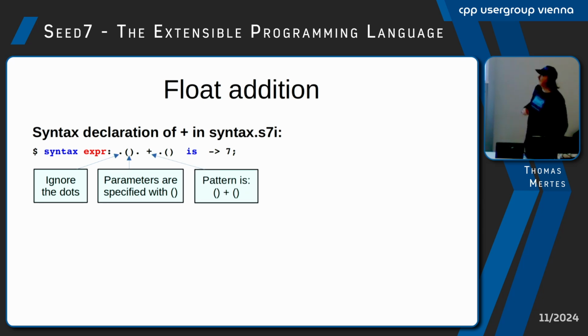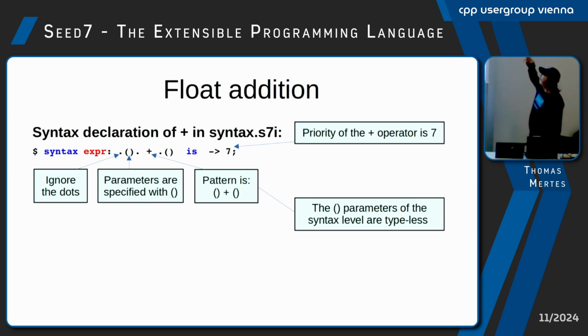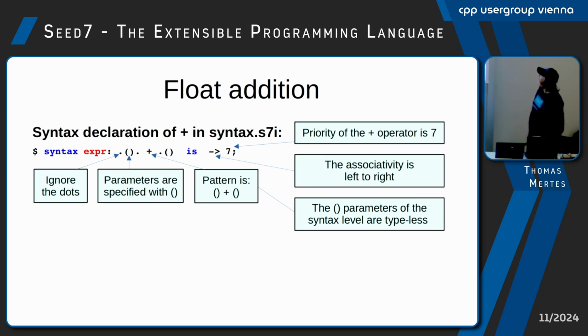So there is a parameter, then a plus sign, and then another parameter. The parameters at the syntax level have no type, so they are typeless. And of course, the priority of the plus operator is 7, and associativity is left to right. If you have operators of the same priority, the associativity decides which operator gets the parameters first. So this is the usual mathematical logic for plus.